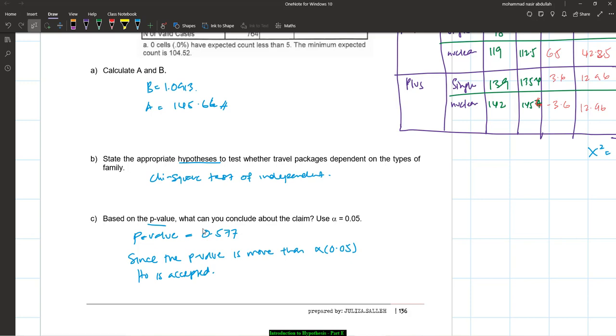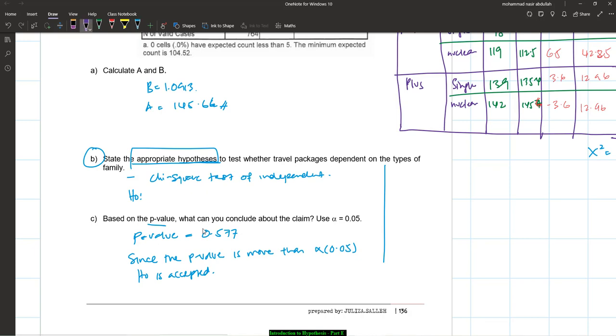So what is the null hypothesis for this? This is question B. State the appropriate hypothesis, right? So this is the test that we want to use.